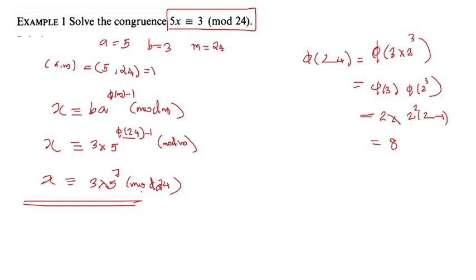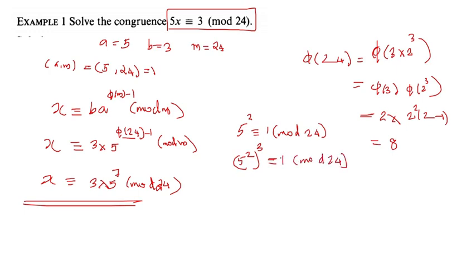This is the solution. Now we can simplify this as we have 5 square is congruent to 1 mod 24, because 25 minus 1 is divisible by 24. Now 5 square whole cube is congruent to 1 mod 24.